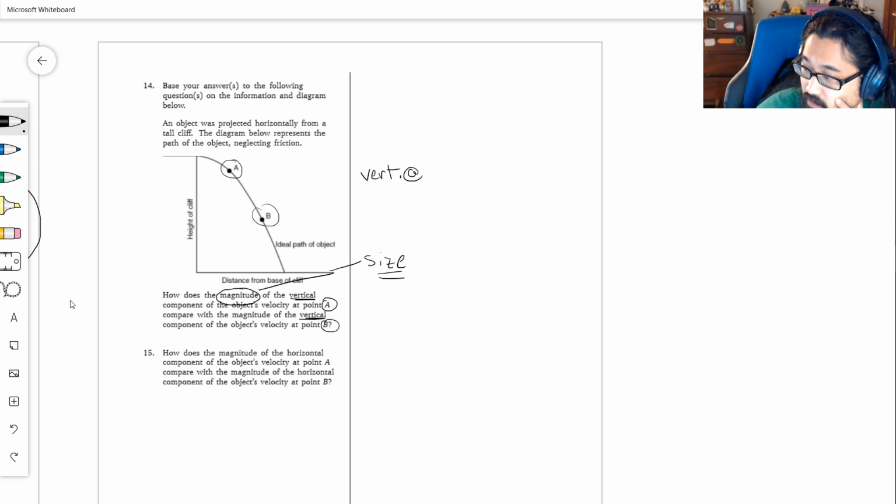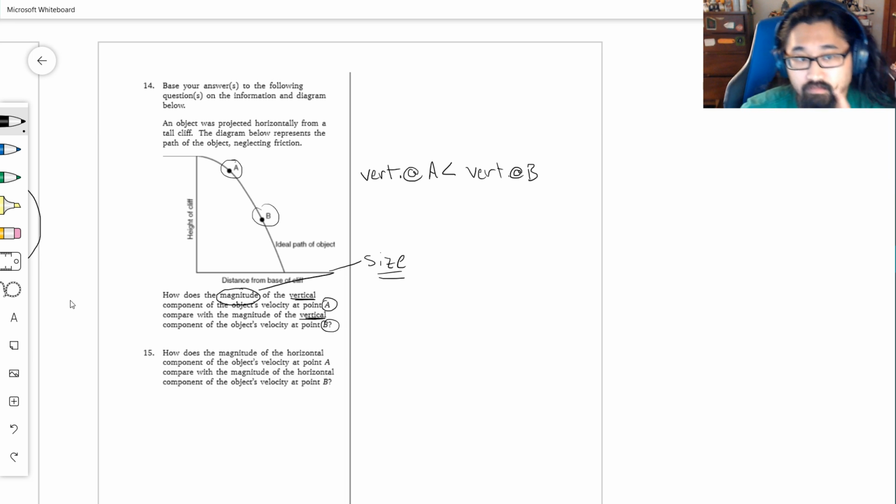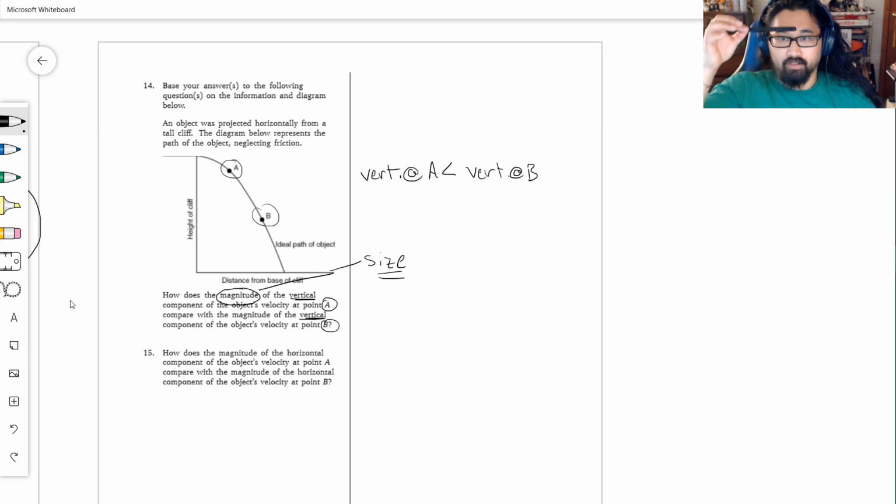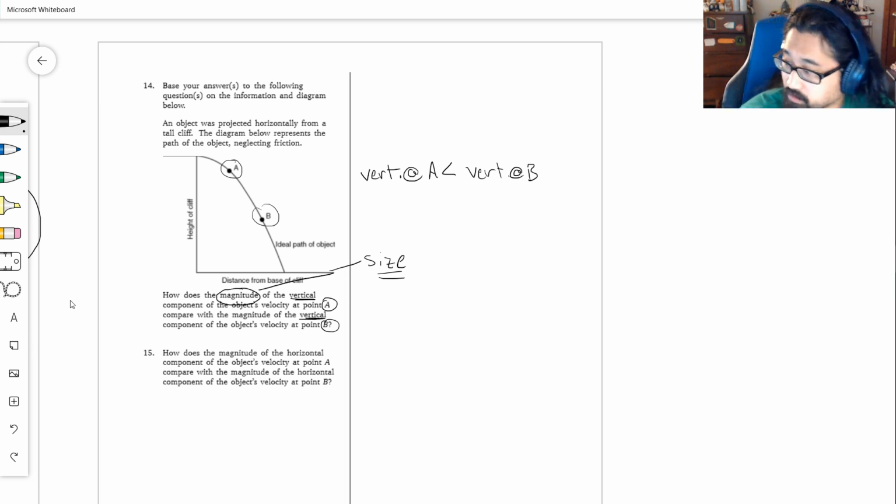Vertical at A is less than the vertical at B. The reason for that is, as it falls, it keeps going faster the more it falls. If it's only been falling for this far, for this long, it's not going to be going that fast. This one has been falling for this far, for this much time. It's going to be going much faster.